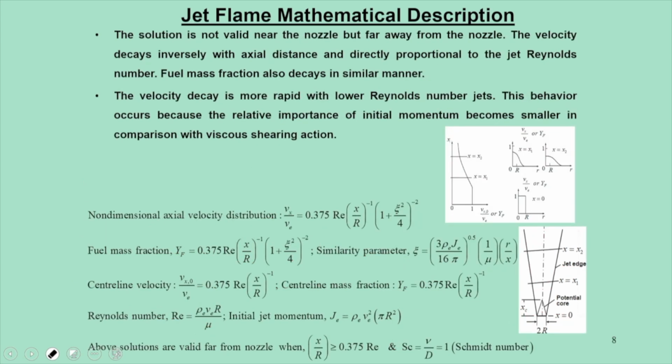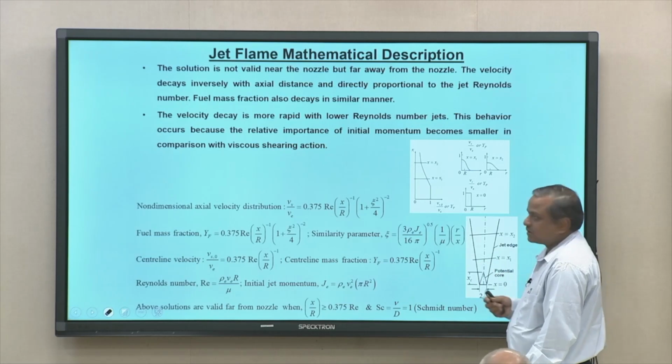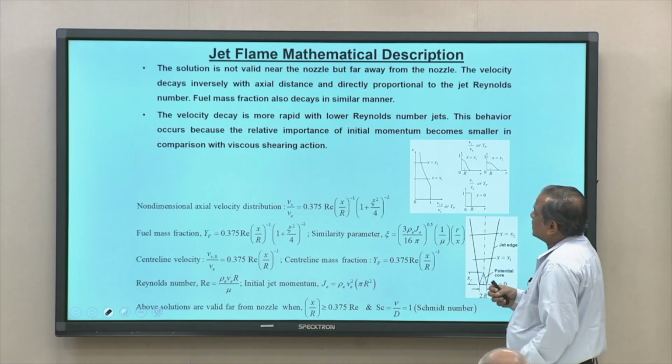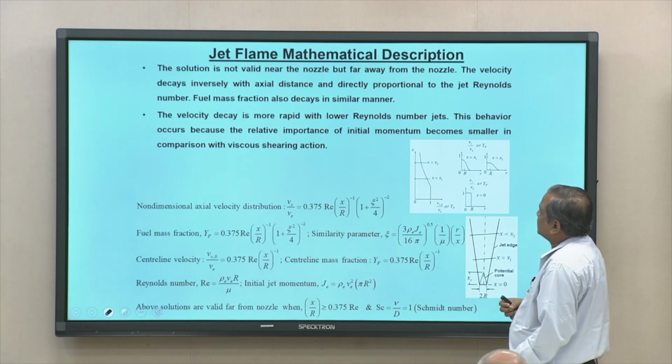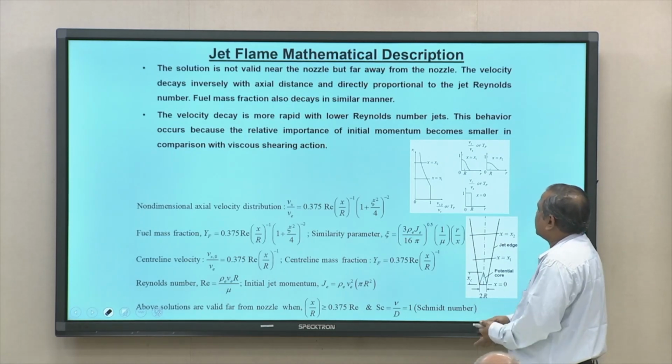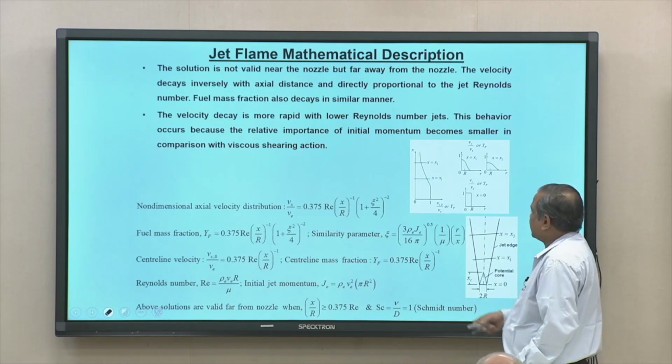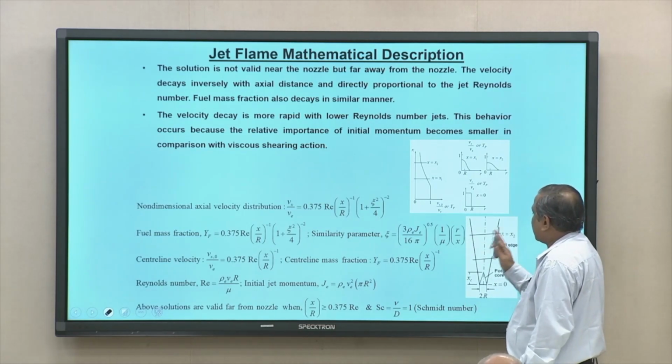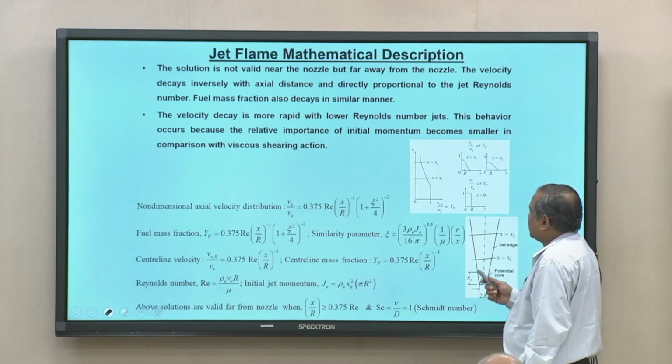The solution lies in solving it in a particular fashion, through similarity parameters. The concept of similarity parameters was introduced when you talk about the solution of flat plate theory through Blasius equations. There we introduced a term called similarity parameter. Here also we are going to introduce a similarity parameter, because these are complicated problems involving r and x.